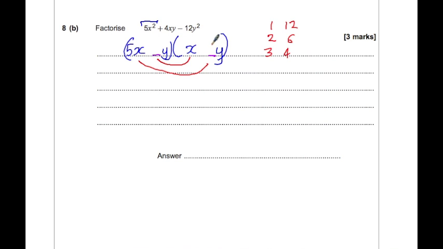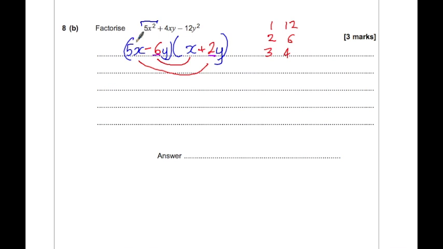So we could put a 2 here, and then we'd have 10xy. And then if we put a minus 6 here, that would give us minus 6xy. So if we put a plus 2 here, a minus 6 here.